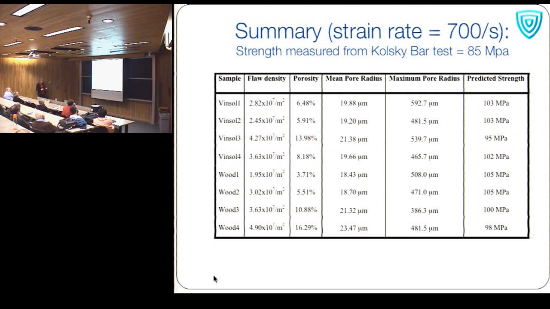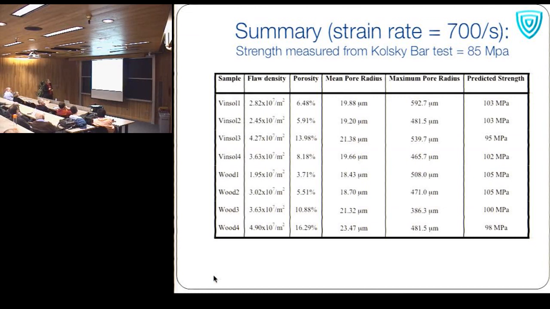What's interesting are a couple things. Strength is related to the number density of flaws, or the porosity. But that's not really the whole story, right? Because these two samples had the exact same predicted strength, or close to it, but they have somewhat different porosities and somewhat different density of flaws. Strength relates to mean flaw size, true. If you look through here at the mean flaw size, a higher mean seems to correlate somewhat to a lower strength. But again, it's not the full story.